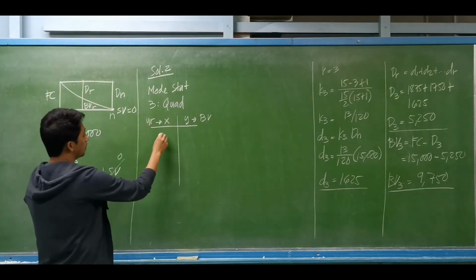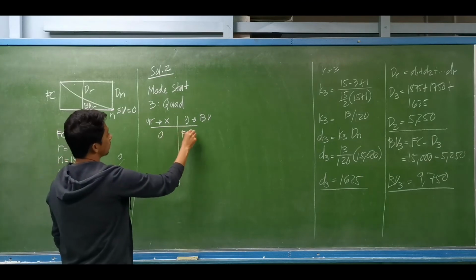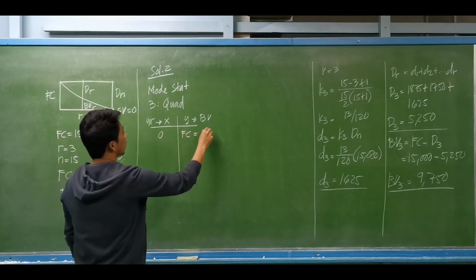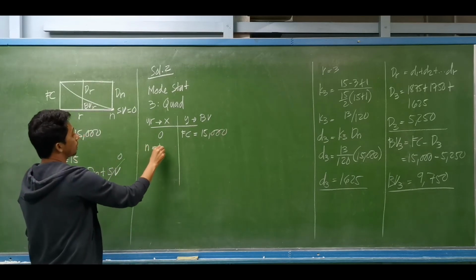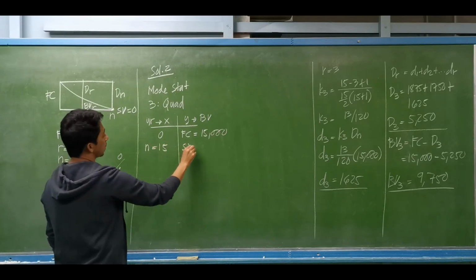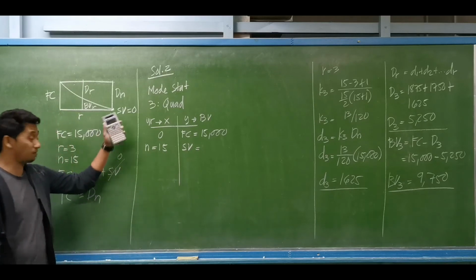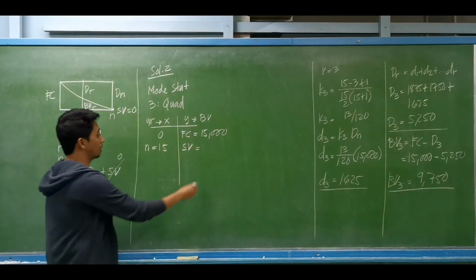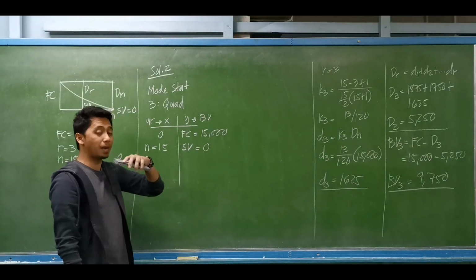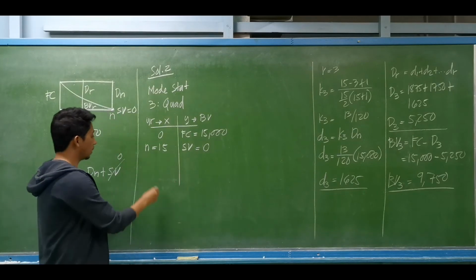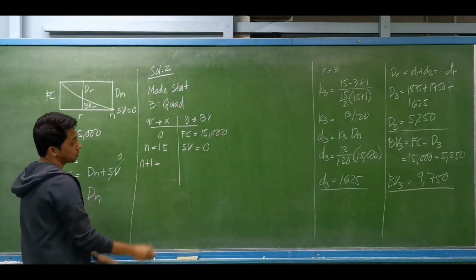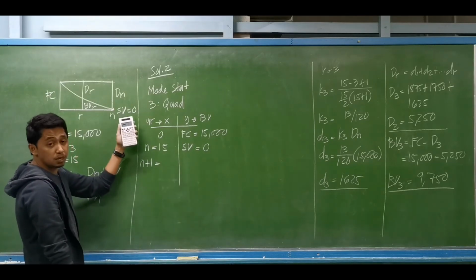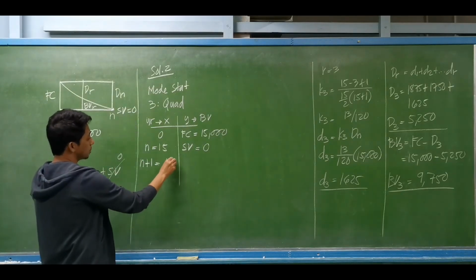Okay, our sets will start at 0. We are to place the first cost here, which is equal to 15,000. Then the useful life, we have 15. Then place the salvage value, which in this case is equal to 0. Then you will have a third row, which will be n plus 1, that is 15 years useful life plus 1, 16.